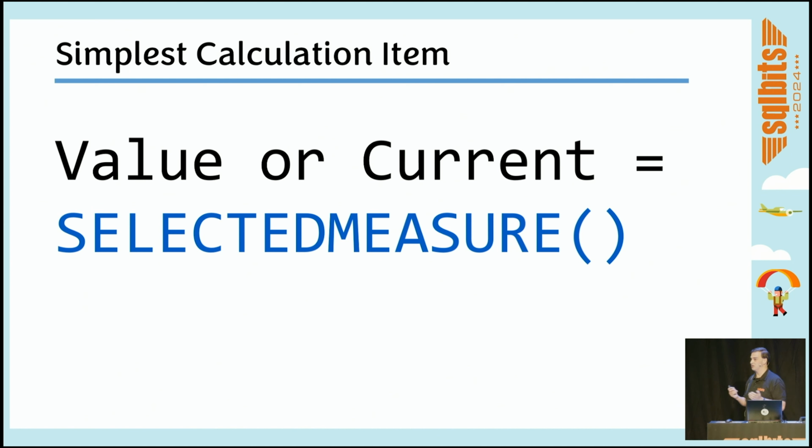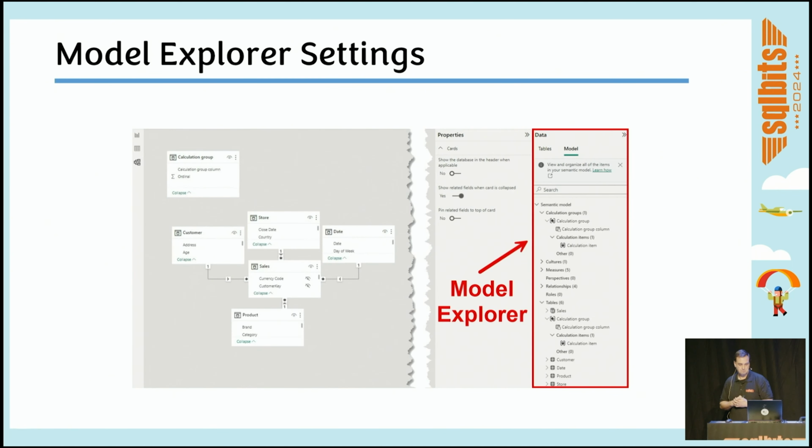Because calculation groups are nice, year to date, month to date, but usually on the left, I want to see what is the original amount before I do the time intelligence. So I will say the experience in Power BI Desktop is very nice. Like they've made it to where you can move stuff around, drag and drop, fill in things. It is a very nice user experience.